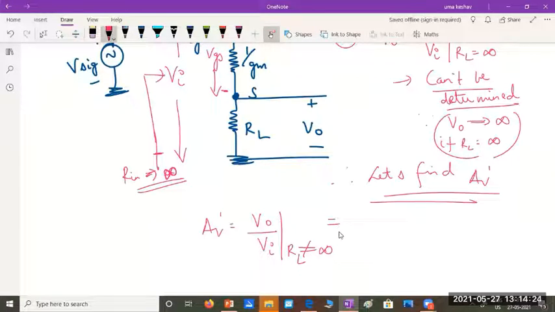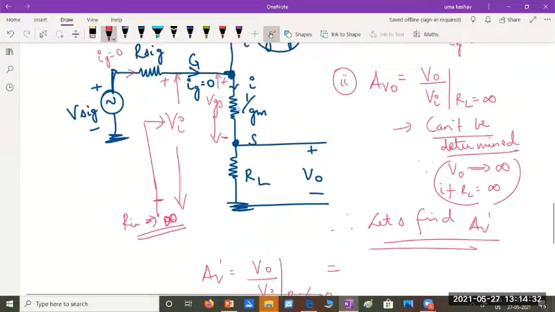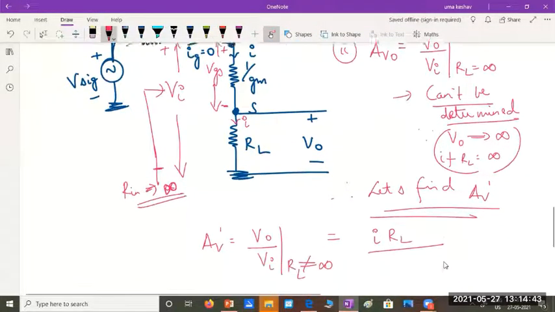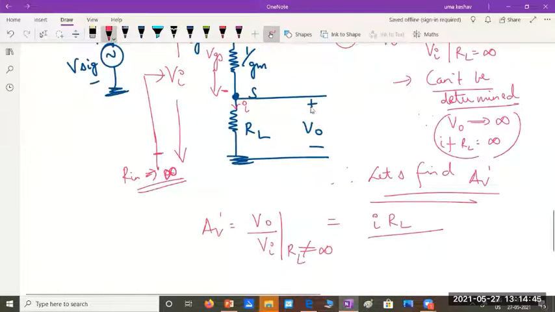Can you tell me how much that will be? What is the value of V naught in this circuit? What's the current flowing? I have I here, the same I flows here also. So can I say it is I into RL? Yes or no? The value of the output voltage here is I into RL.